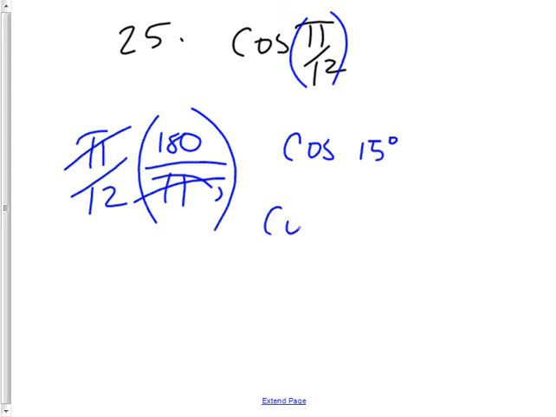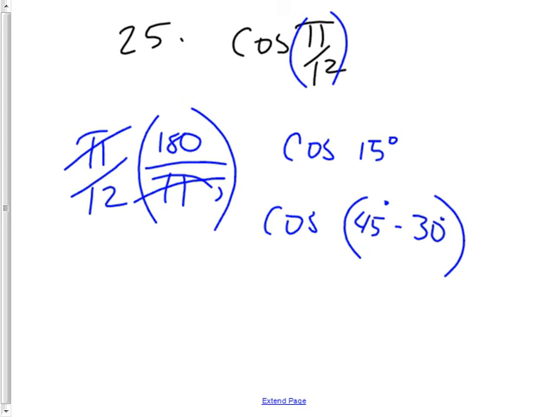Now you can say cosine of 15 is really something plus something or something minus something. Realistically, if I was going to do plus, I'd have to use like 10 and 5, and I wouldn't know what cosine of 10 is. So I'm going to use big numbers and subtract. 45 minus 30. And we'll have a sheet for you again of things that are facts. Like in this one, you'd be able to look up on the sheet. Let me look it up on my sheet quick. Is it cosine, sine?